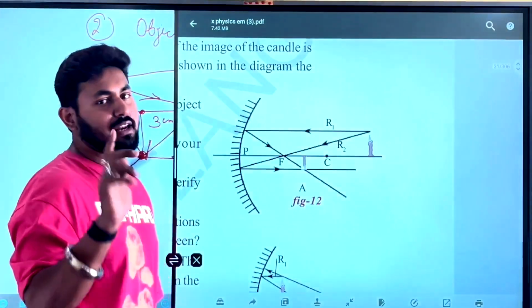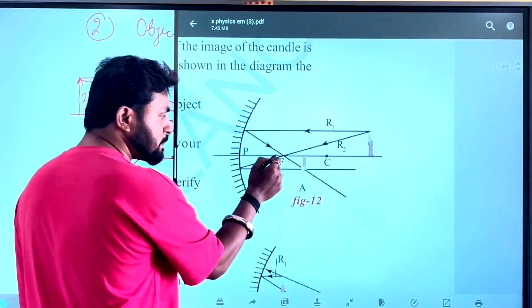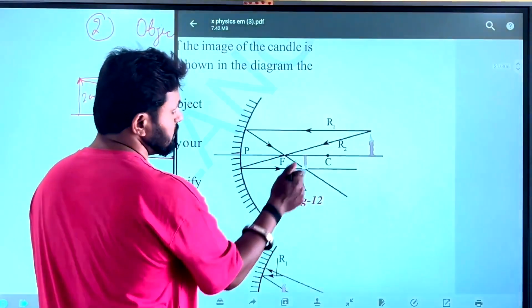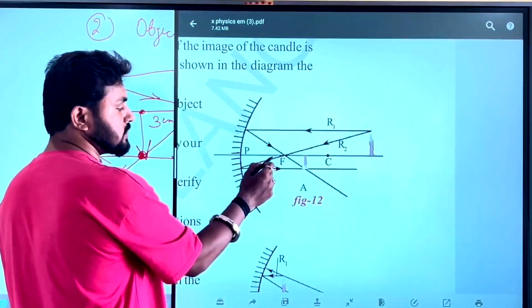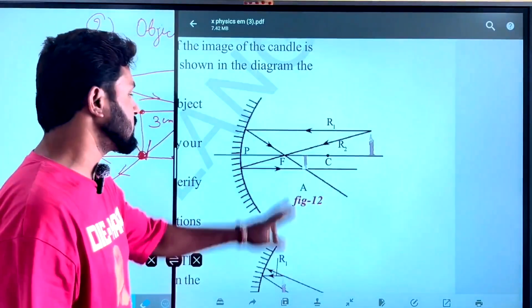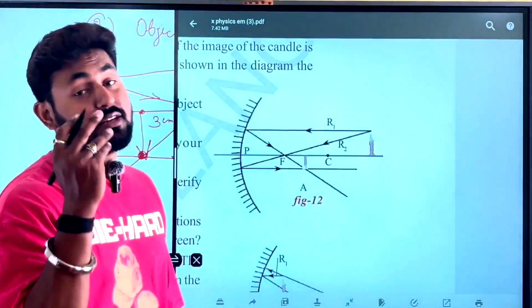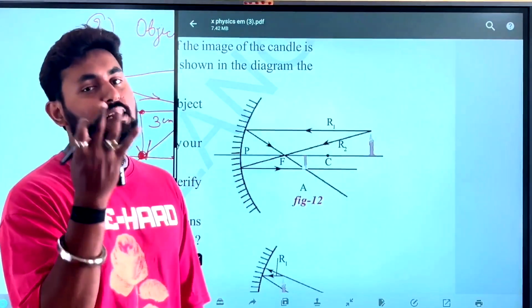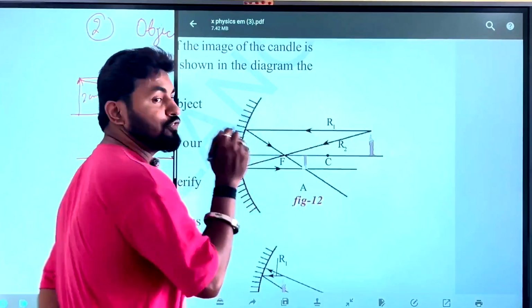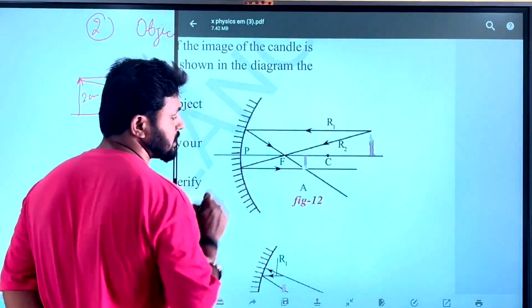Now, the second rule which we have: the ray of light which is coming from infinity, after passing the focus, will be parallel to the principal axis. Now, you know that the image is getting formed at an intersection point, at a junction of the reflected rays of both the rays that we have, which is at this point.